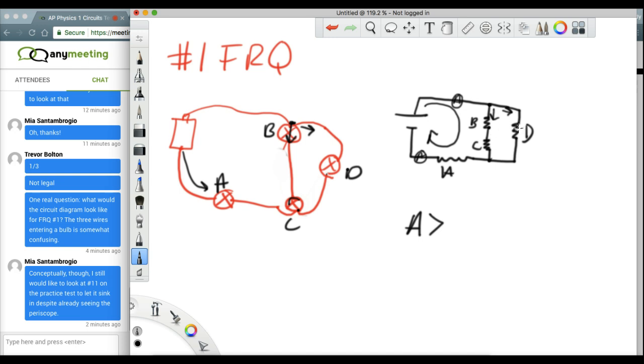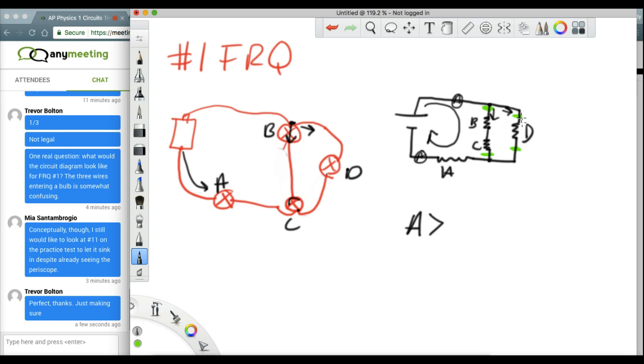But these two parallel branches will have the same total voltage drop. So the voltage drop from here to here will be the same as from here to here. So since there's only one resistor to get all of that voltage drop, I know that D is going to be the next brightest. And then B and C will be equally bright but dimmer than D because they have to share the voltage in that parallel branch. But that is what the circuit diagram looks like.